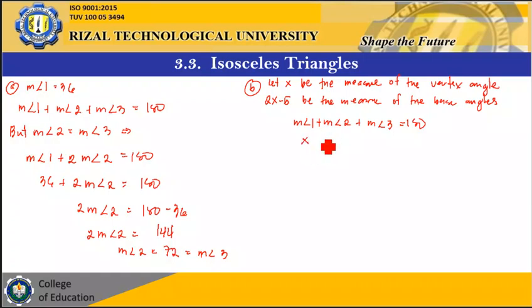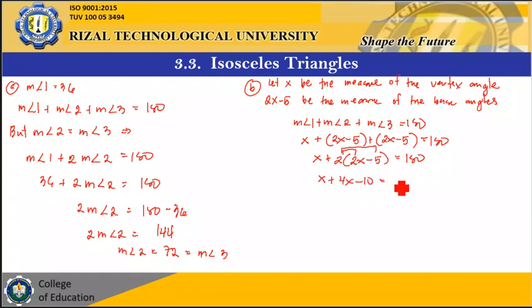This is x plus 2x minus 5 plus 2x minus 5 is equal to 180. To simplify that, we have x plus 2 times 2x minus 5 is equal to 180. Then let's distribute 2. What we have there is x plus 4x minus 10 is equal to 180.